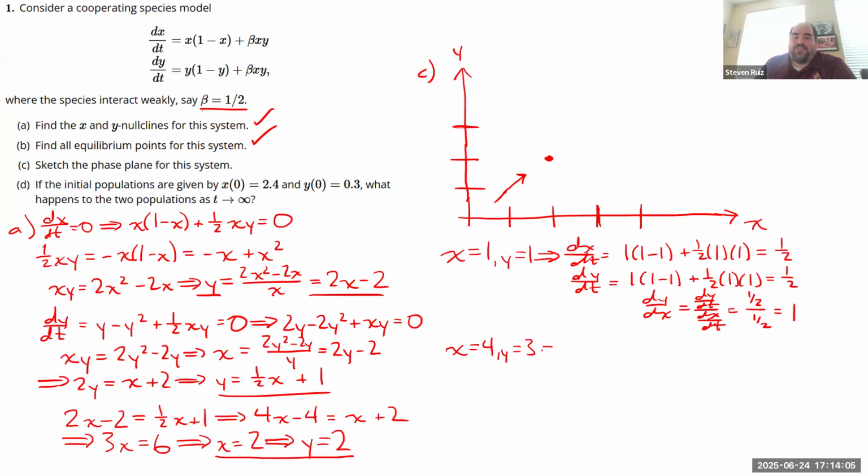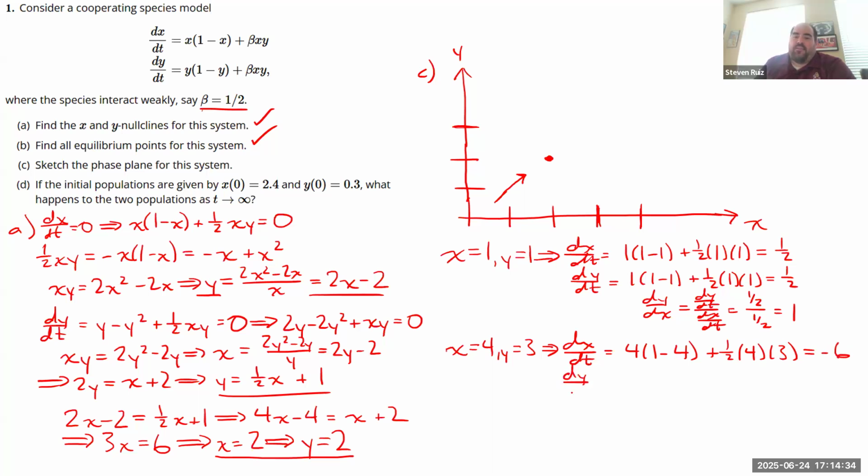What does that mean about my rates? dx/dt is equal to 4 times (1 minus 4) plus a half times 4 times 3. So 4 times negative 3, that's negative 12 plus 6, negative 6.